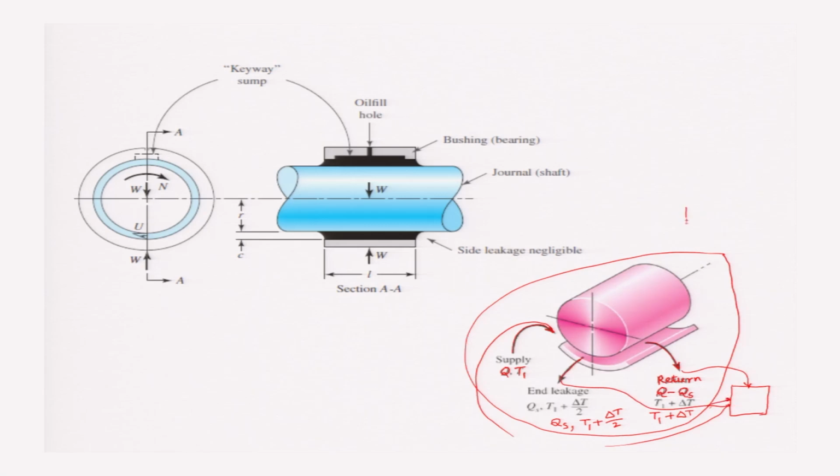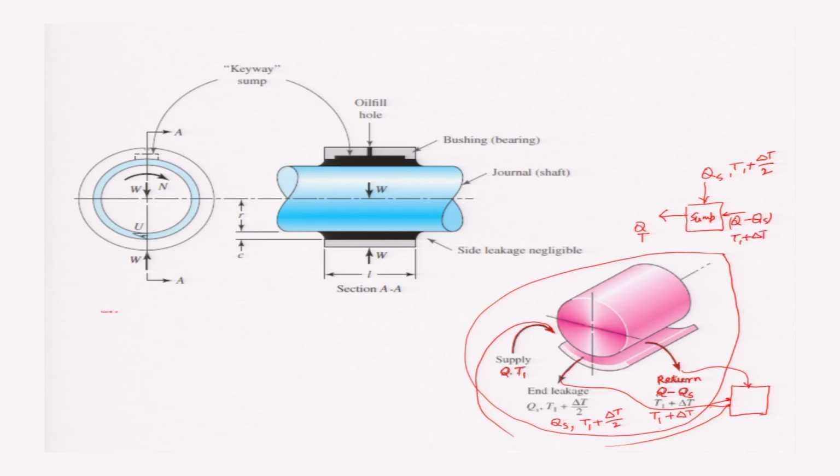So, in the control volume, we had Q at temperature T1 going out, Qs coming in at temperature T1 plus delta T divided by 2, and Q minus Qs coming into the sump at temperature T1 plus delta T.